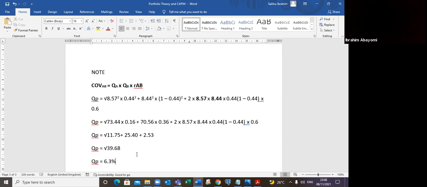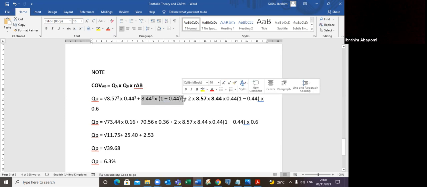I find the only challenge you have here is how to know this formula. That is a challenge. And of course, it's not difficult to know, honestly. You just know that the first part here is variance of investment A times the square of the weight of investment A in the portfolio. The second part is variance of investment B times the square of the weight of investment B in the portfolio.